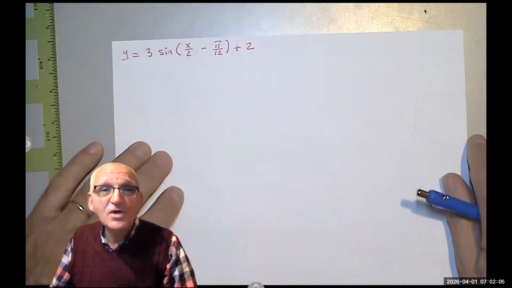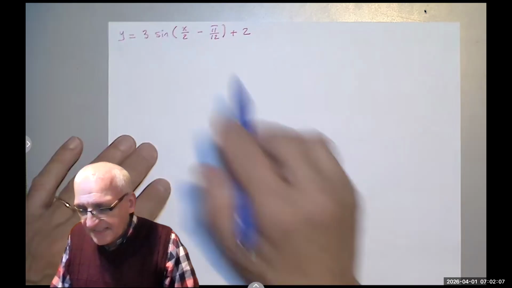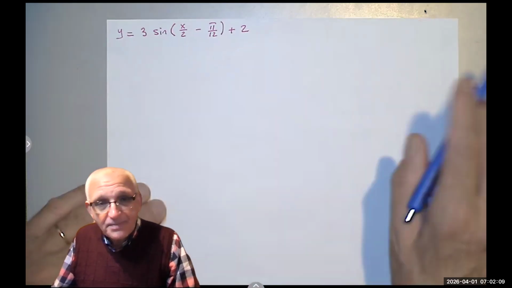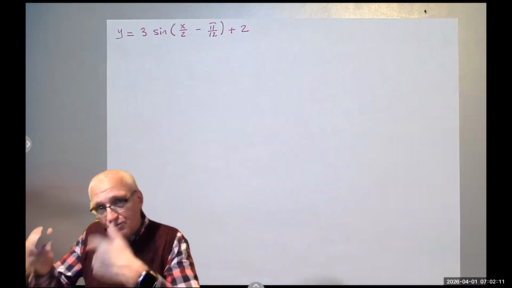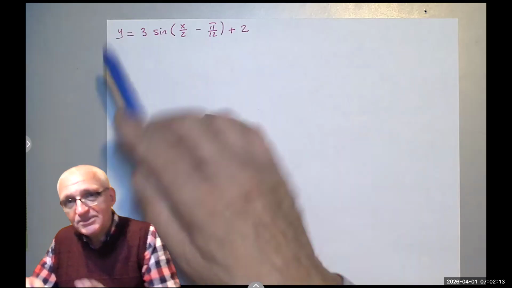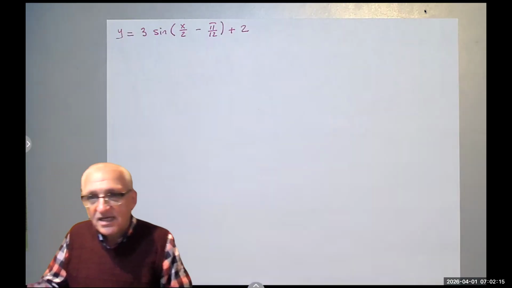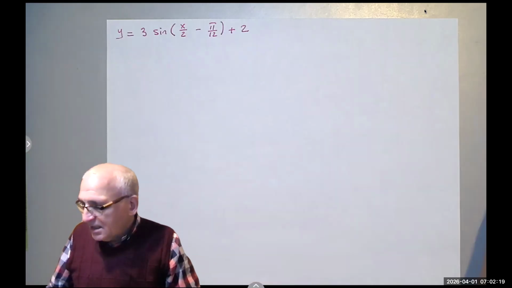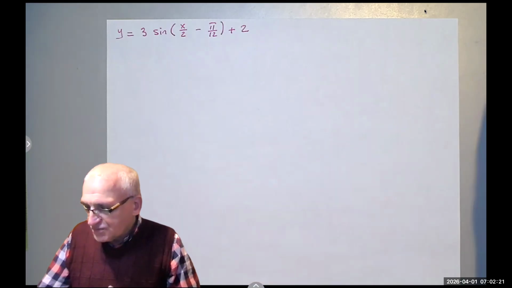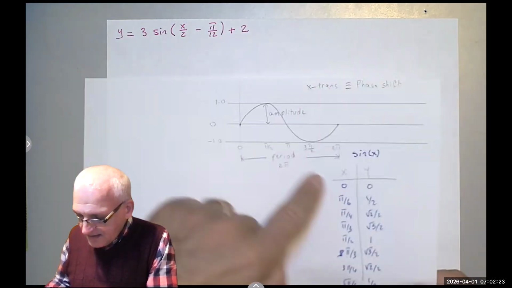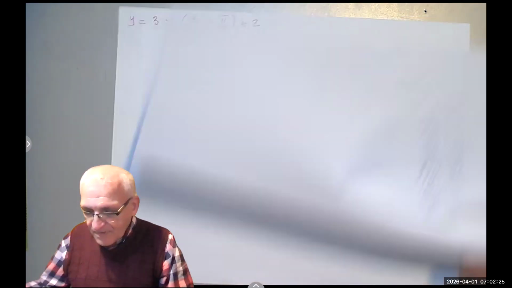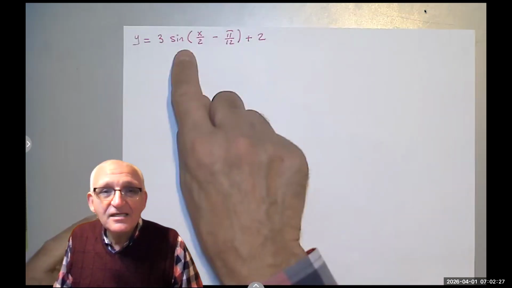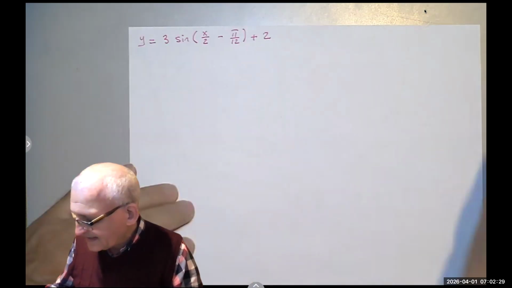Here is the first one. You tell me what happened to the parent function. Notice we work backwards. So we say what brings me back to the parent is what got me here, right? Since the parent function is y equals sine of x, I only want the sine portion on the right-hand side.